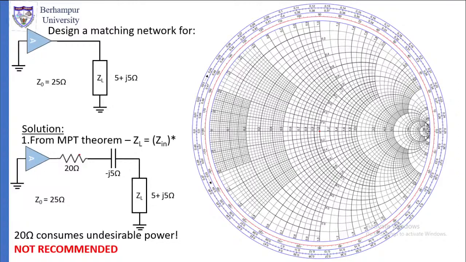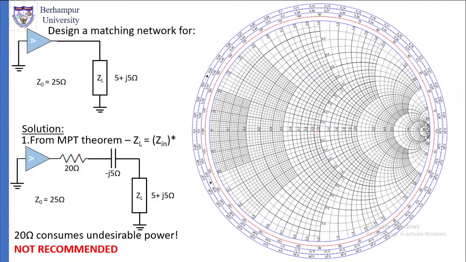A power storing device you can use, because that power will go to the load ultimately. But if power is consumed, power is lost. We cannot lose the power, so this type of solution is not recommended.